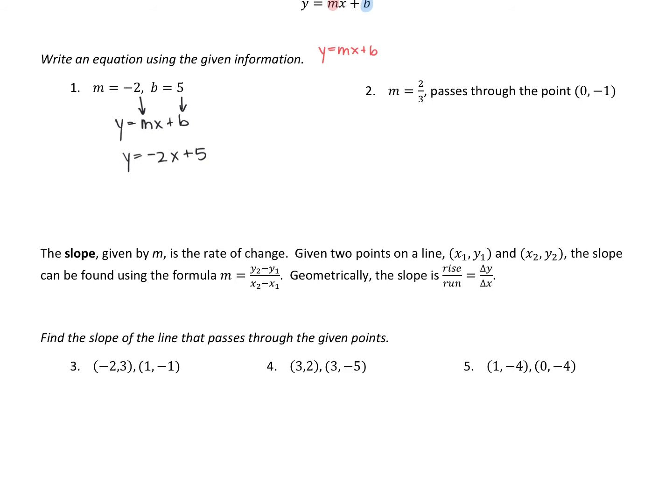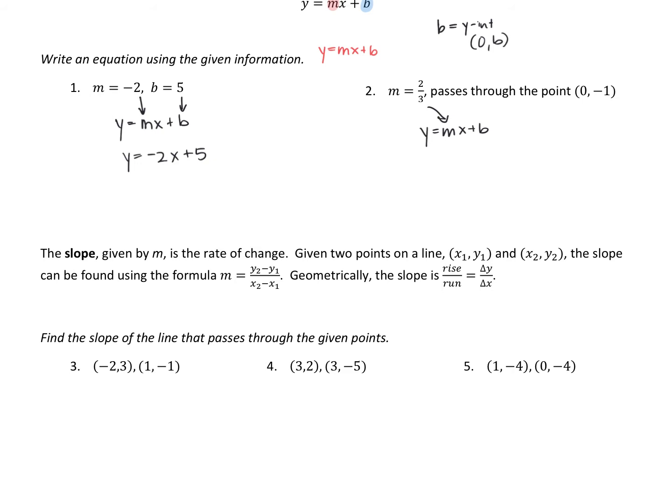Number 2, they give you the m. Okay, so that's given. Now we need a b. They do give us the b. In number 1, they clearly say b is 5. And in number 2, they tell you it passes through this point. Remember that the b is the y-intercept. A y-intercept has an x value of 0.